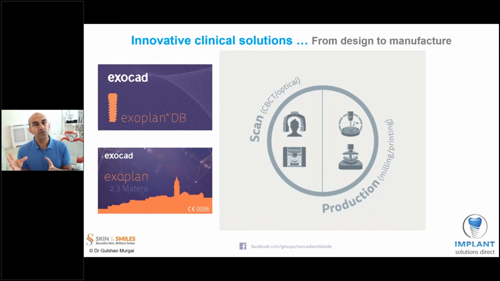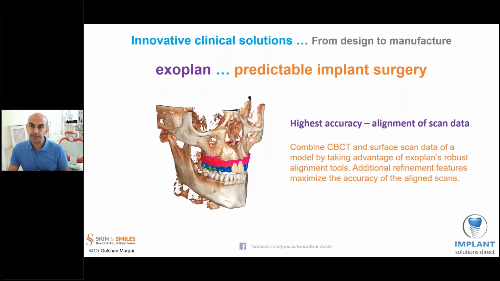It's also where you designate whether the restoration will be screw retained, cement retained, custom abutment. So a whole host of different options are available. And in the DB element is where you would tell exocad or exoplan here what you are expecting from it. Once you've programmed that software, which just takes a few minutes, you then jump straight into the design element and the planning element. So we're going to go through that.